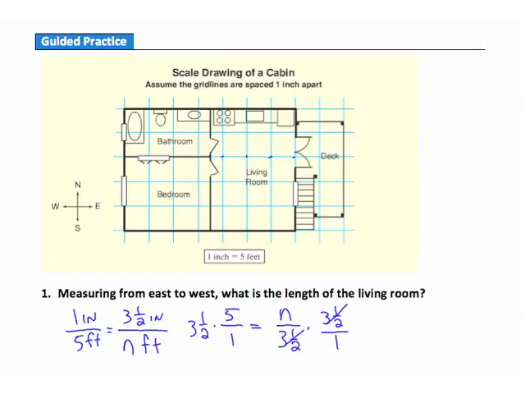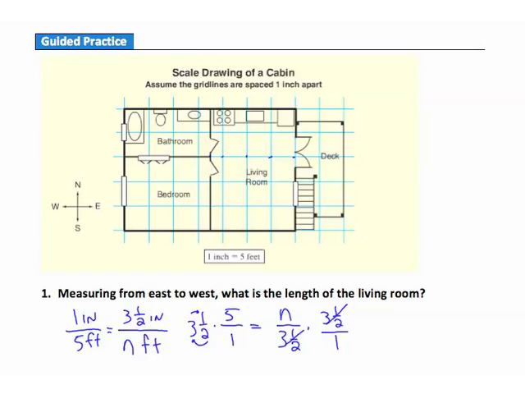Now on the left side, we have a little bit of work to do. We're multiplying 3.5 times 5 over 1. Remember that we don't multiply with mixed numbers, so we need to turn that 3.5 into an improper fraction. Remember to do that: we work in a circle. First we multiply, 2 times 3 is 6, then we add it to the top, so 6 plus 1 is 7. It looks like 7 halves when we turn 3.5 into an improper fraction.